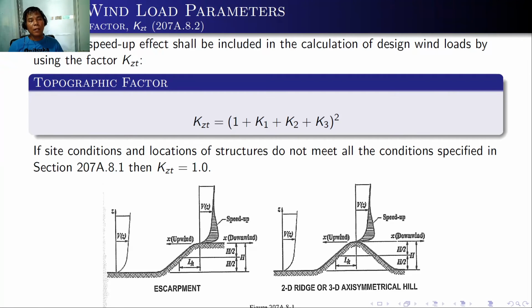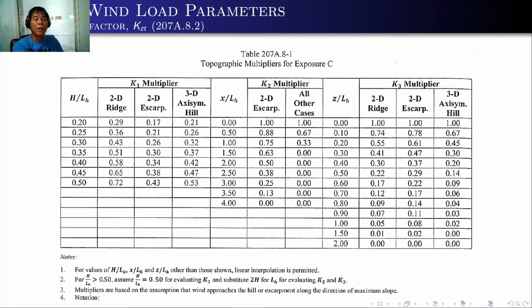There is a table for these factors K, but take note, if site conditions and locations of structures do not meet all the conditions specified in section 207A.8.1, then you can just use Kzt equal to 1.0. Here is one of the tables for the topographic multipliers, for example for exposure C.